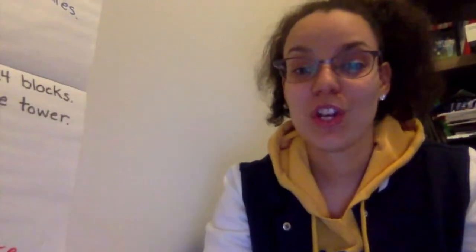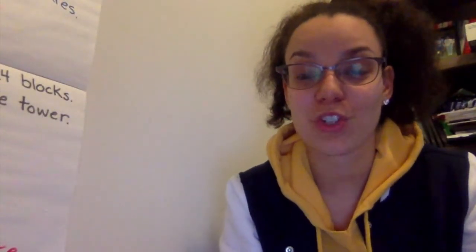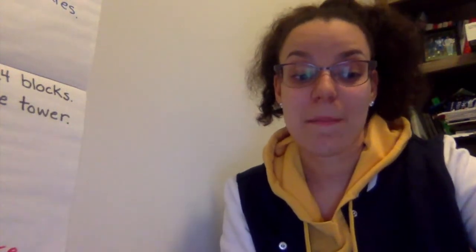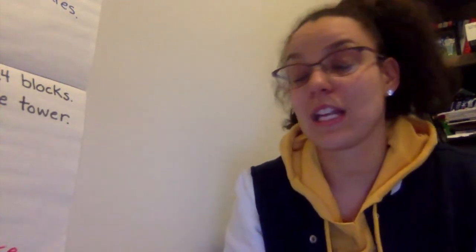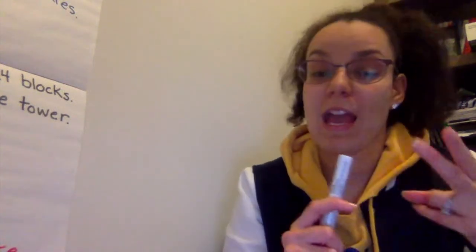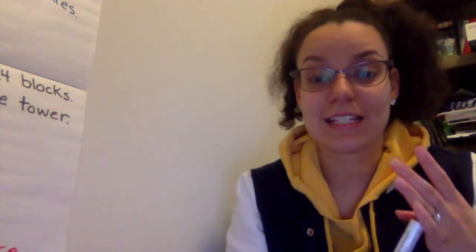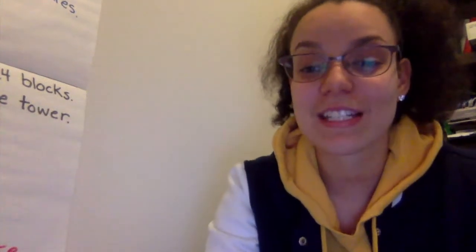I'm about to show you two problems that I want you to do all on your own. This is going to be your independent practice. Make sure that you're answering these questions and you need a tape diagram, a representation, a number sentence, and an answer sentence. Can't wait to see your work.